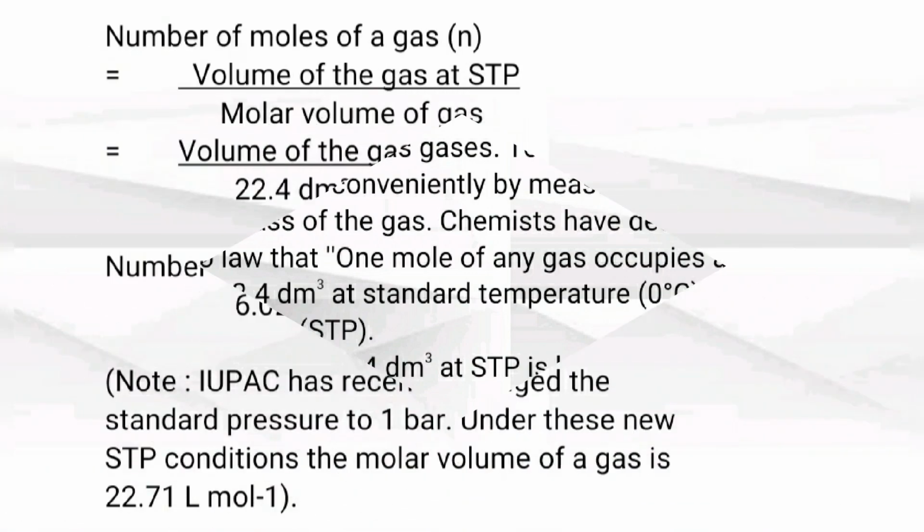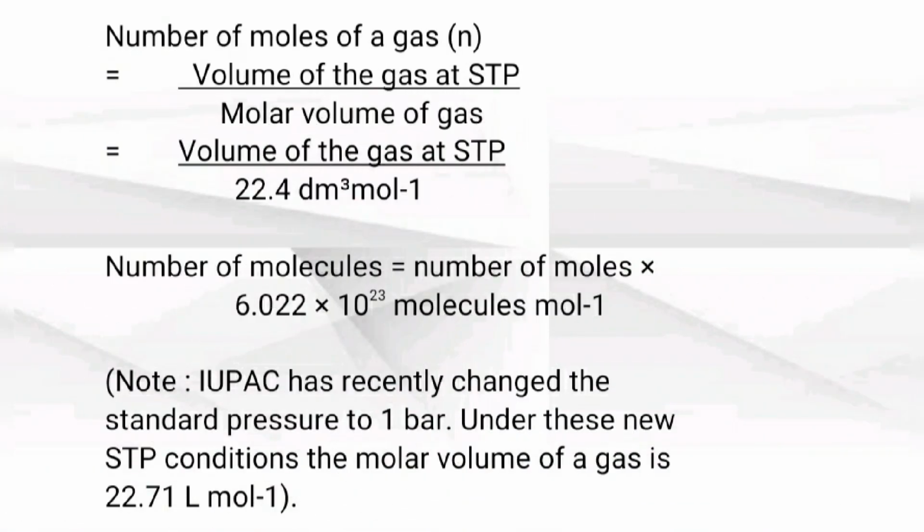See the formula: number of moles of a gas is equal to the volume of gas at STP divided by the molar volume of gas, that is 22.4 dm cube per mole. Hence number of molecules equals number of moles into 6.022 into 10 raised to power 23 molecules per mole.